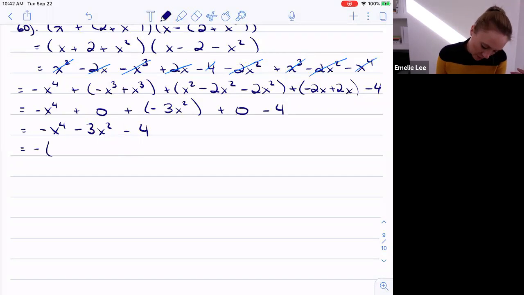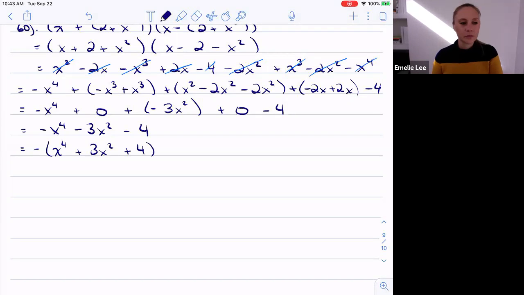So now I'm going to pull out that common -1, but usually we just write it as negative. So now I've got negative times x⁴ plus 3x squared plus 4. Making sure that when you expand this back in, right, you get to where we started. All right, so negative x⁴ minus 3x squared minus 4.